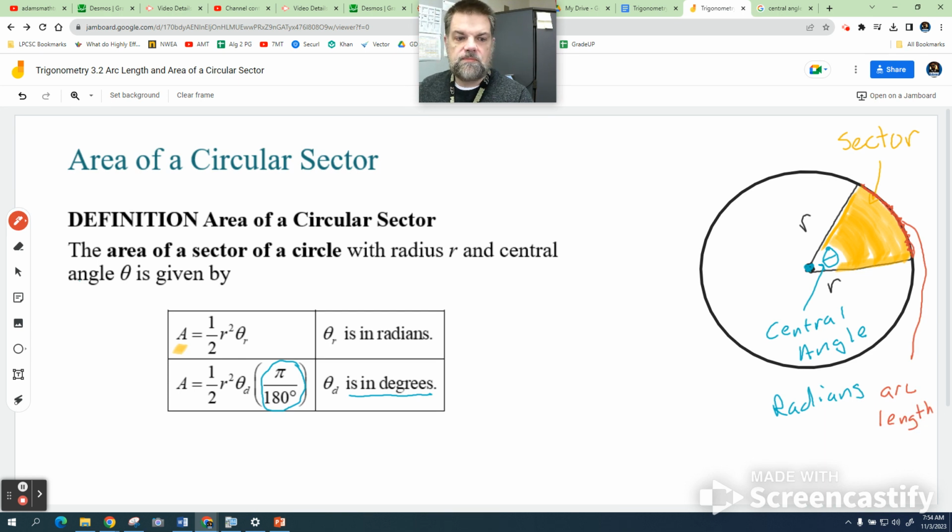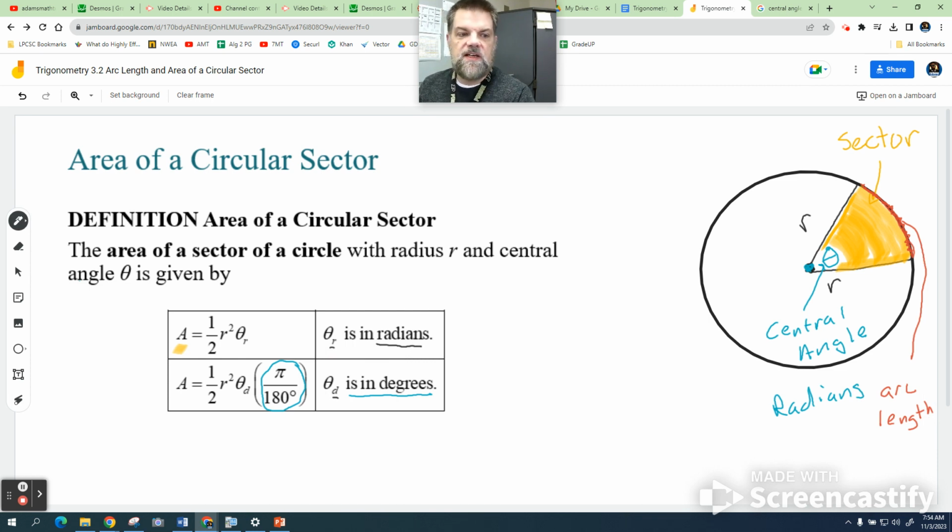Okay. Lastly, I should probably point out that when we say theta sub r, that means that our measurement is in radians. Theta sub d means our measurement is in degrees. So when you go to do your homework, that's what you need to look for, okay?